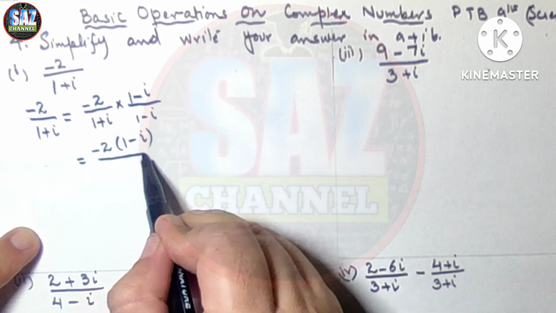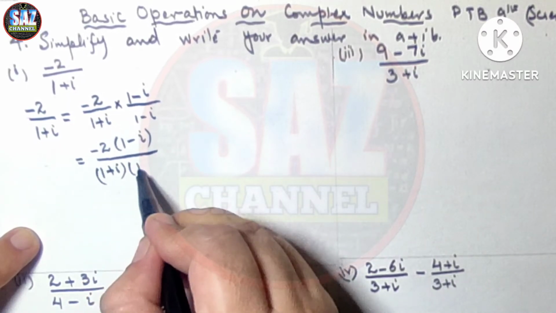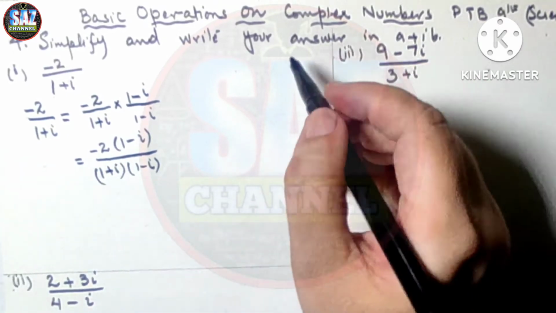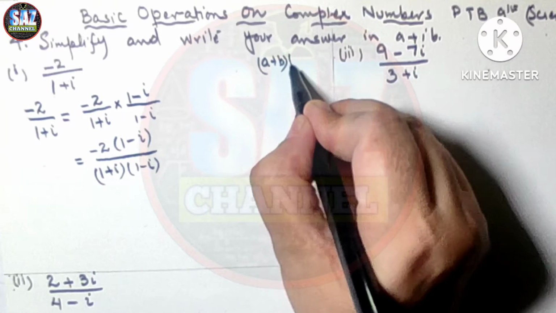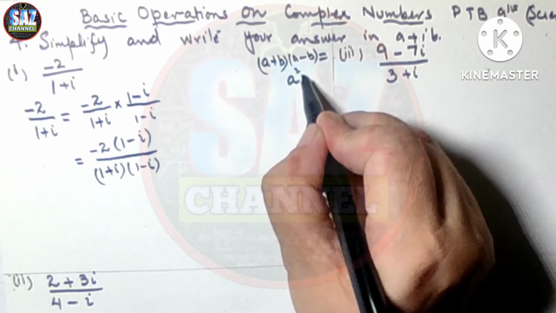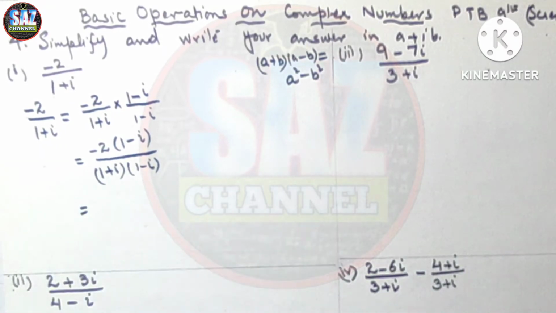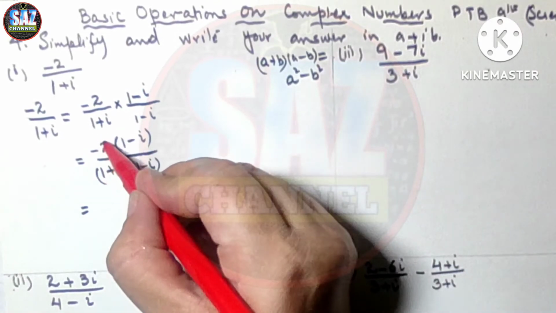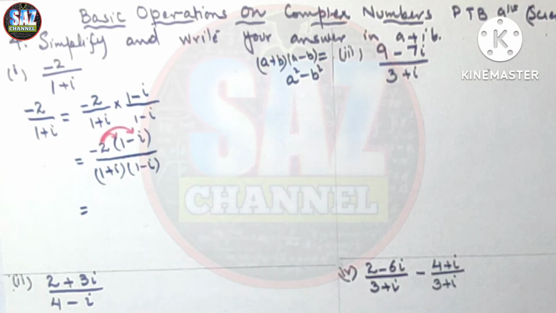Now if we look at the denominator, 1 plus iota into 1 minus iota, recall the identity a plus b multiplied by a minus b equals a square minus b square. According to that, for the numerator we apply the distributive property.